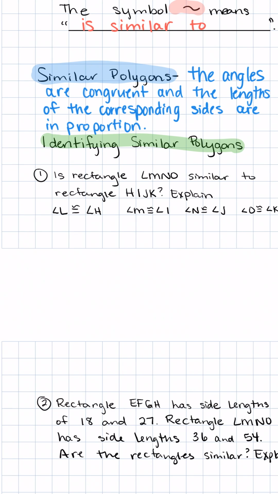So let's just sketch this out. We have one rectangle that is LMNO and we have another rectangle, about half the size, that is HIJK.